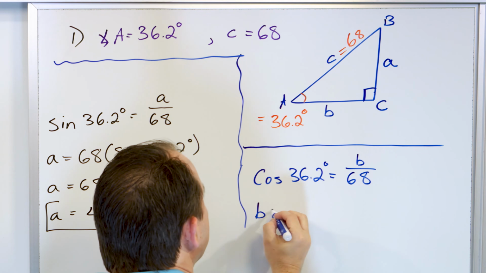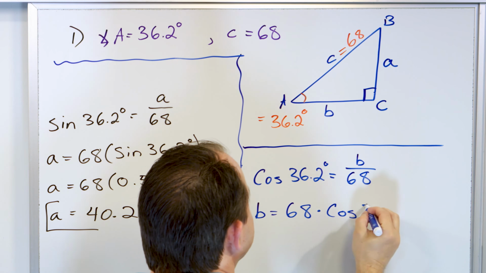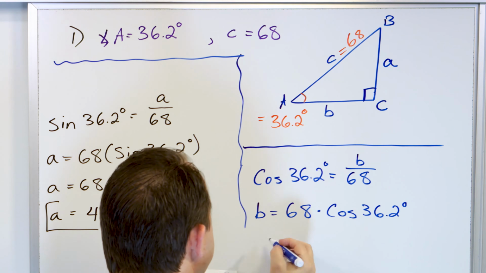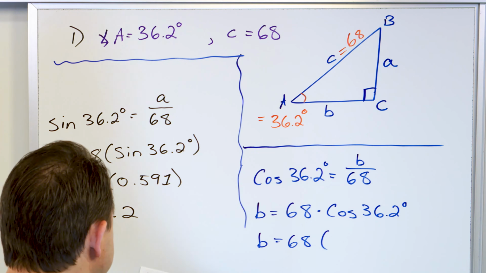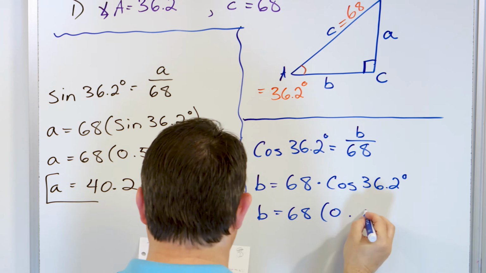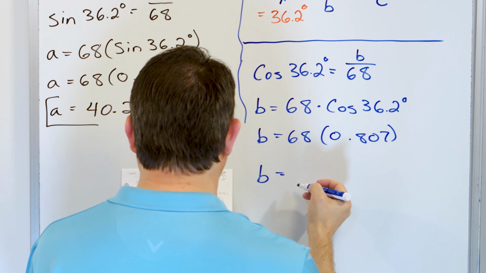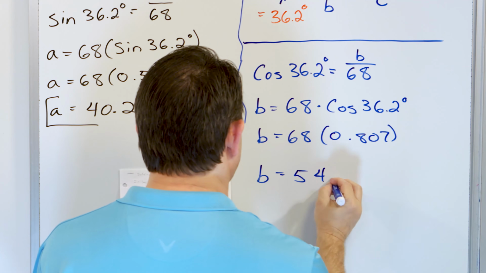So B would be equal to 68 times the cosine of 36.2 degrees. Just multiply both sides by 68. And then 68 times this cosine of 36.2, which is 0.807, of course rounding, gives 68 times 0.807, which is 54.9.